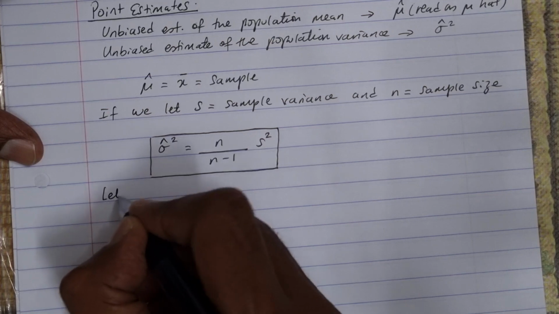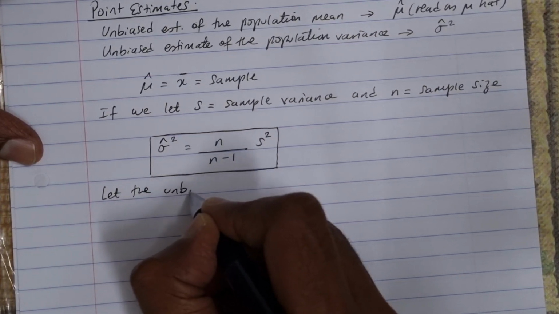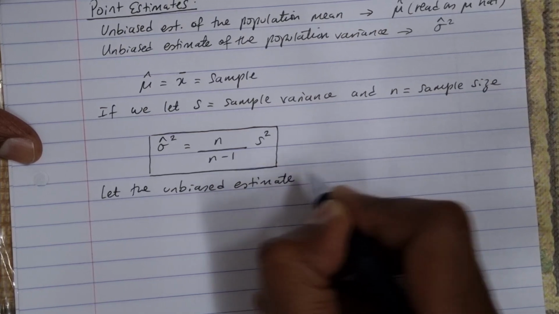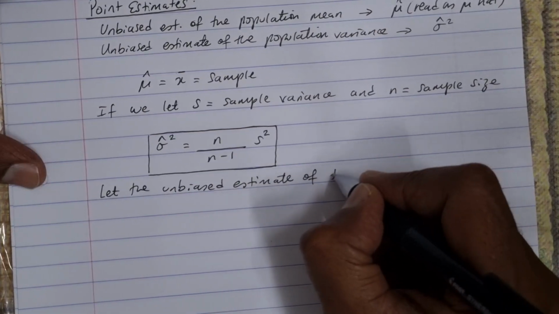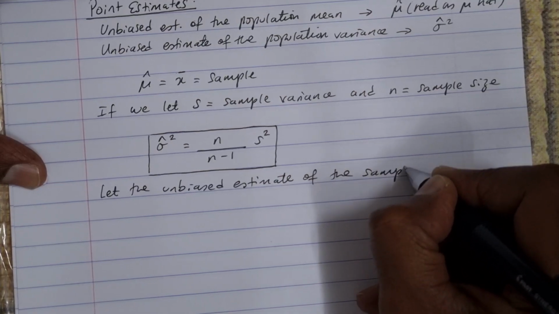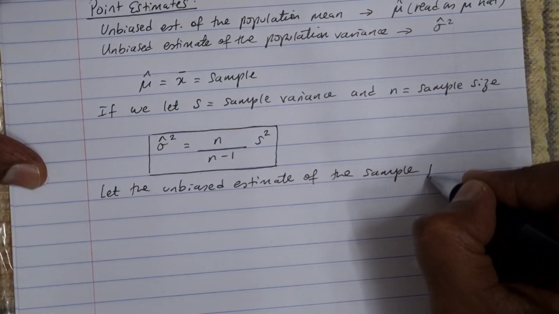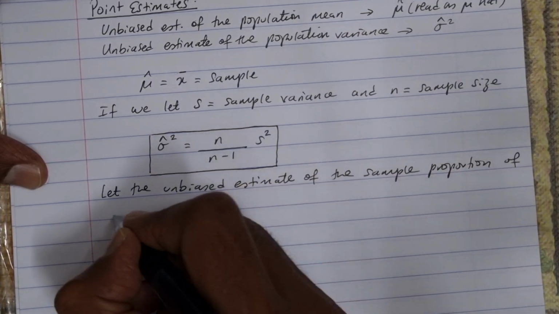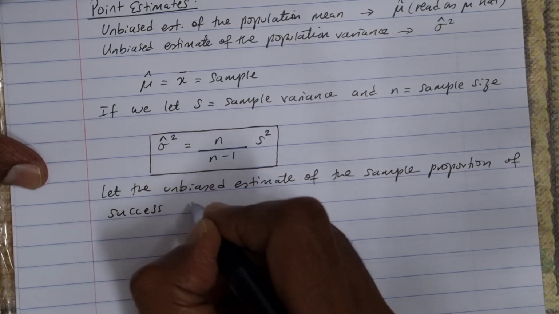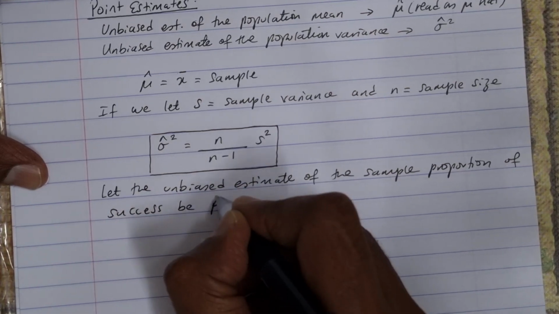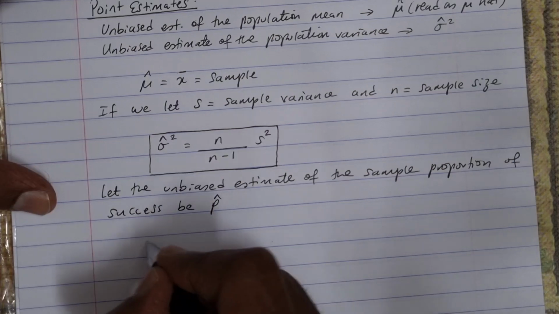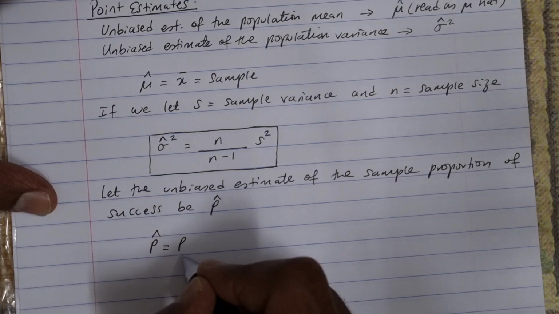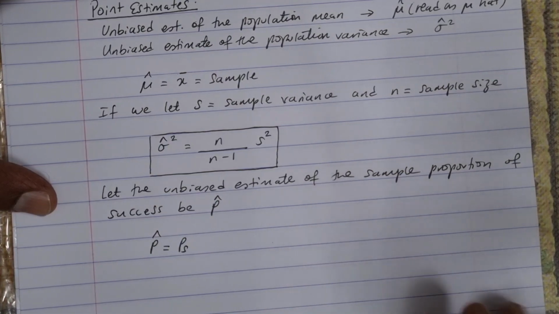Let the unbiased estimate of the sample proportion of success be p hat.